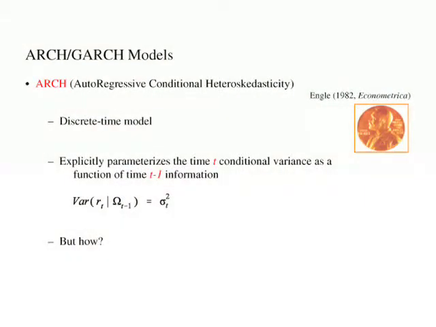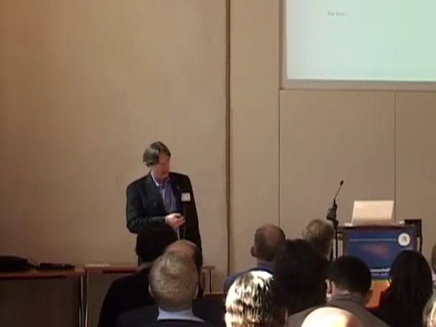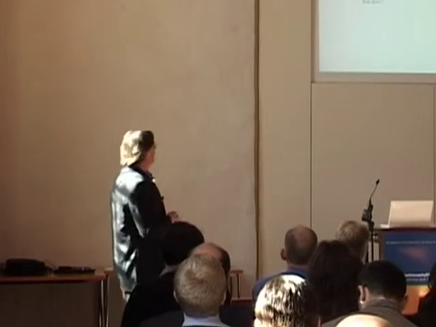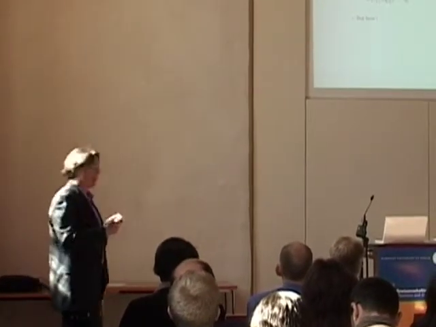Of course, to do that, I need a statistical model. That's where all of these ARCH, GARCH, and stochastic volatility models that I want to talk very briefly about come in. So the ARCH model, which Rob Engle got the Nobel Prize for 5 years ago, is a discrete time model that does exactly that.